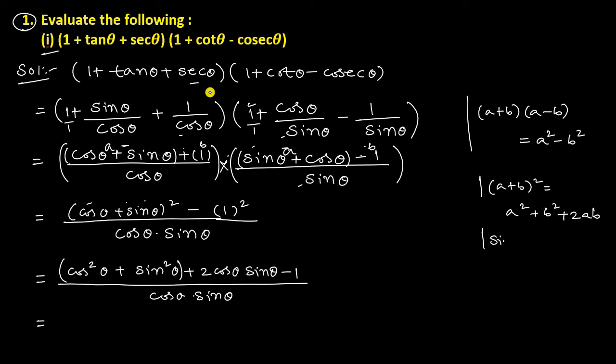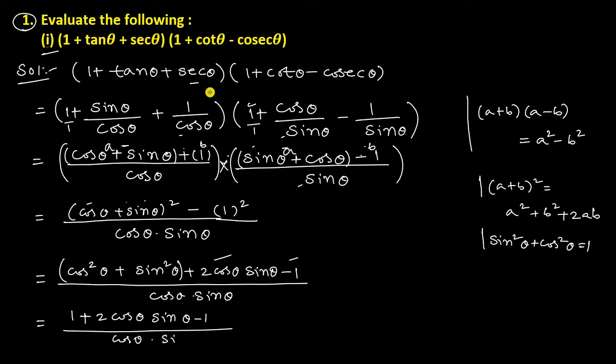Sin square theta plus cos square theta equals to 1. So in place of cos square theta plus sin square theta, we write 1 plus, now copy these 2 cos theta sin theta minus 1 divided by cos theta into sin theta as it is.